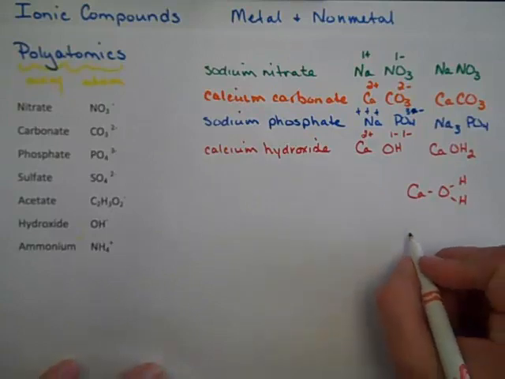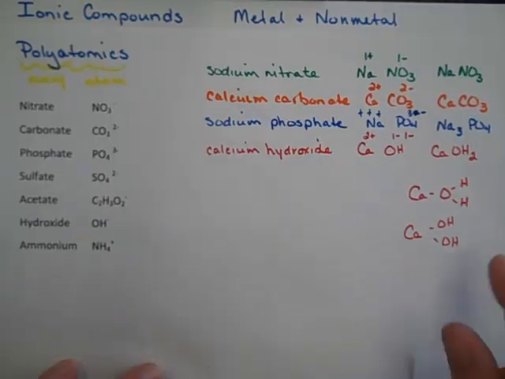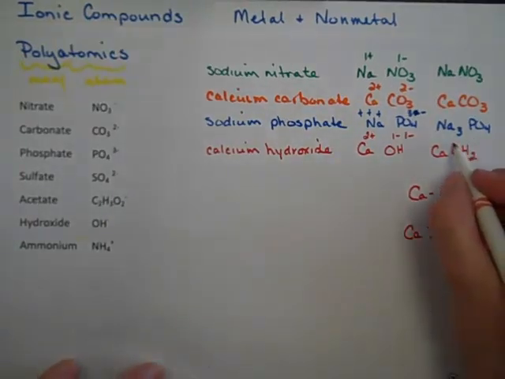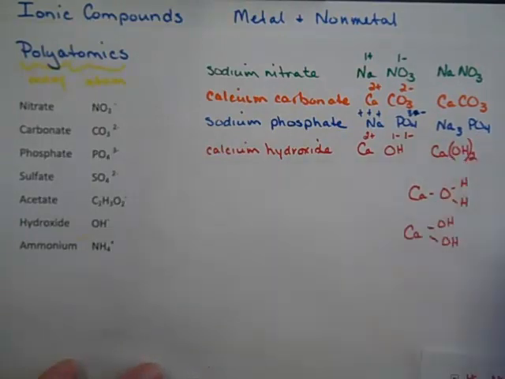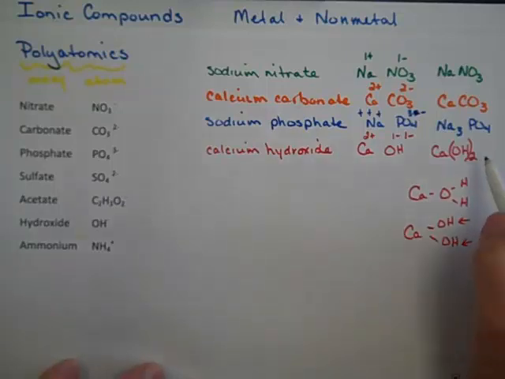Hydroxide is OH. So to write this correctly, we would need 2 hydroxides. To show that in our compound, we would put parentheses around our hydroxide. So 2 outside of a parentheses shows that we have 2 hydroxide ions bonded to 1 calcium. Okay, so you see how this is different.